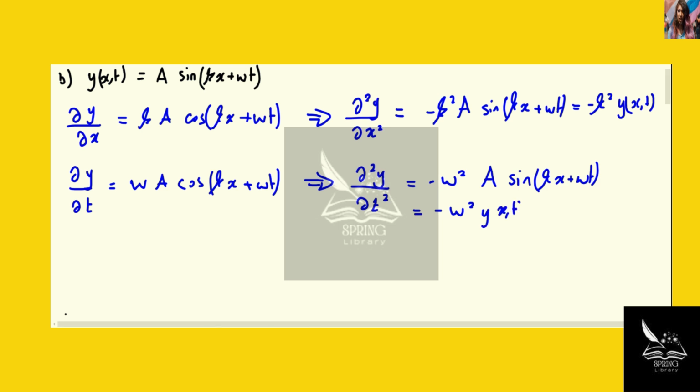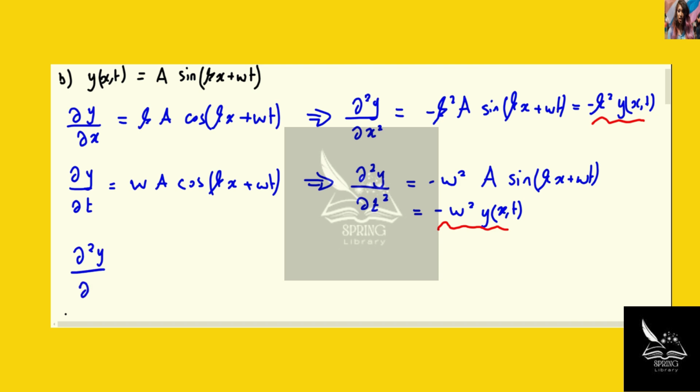Now, we'll take the second derivative with respect to time and do the same procedure to check if we will have the same thing, which is the value of the second spatial derivative.